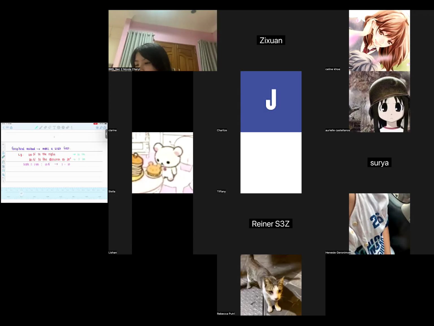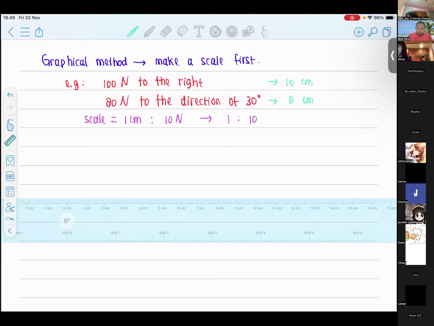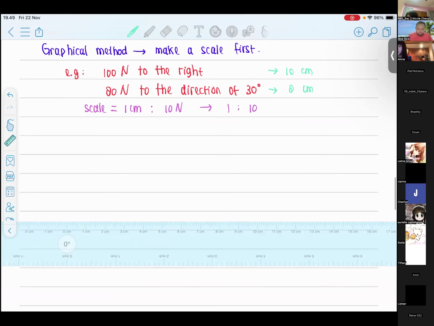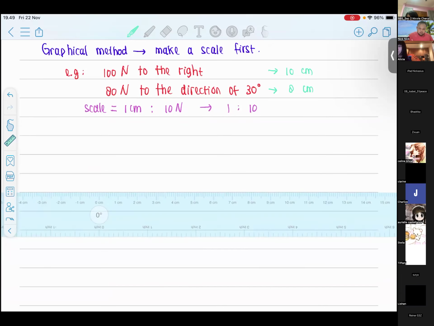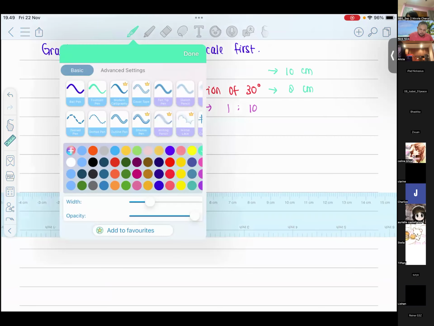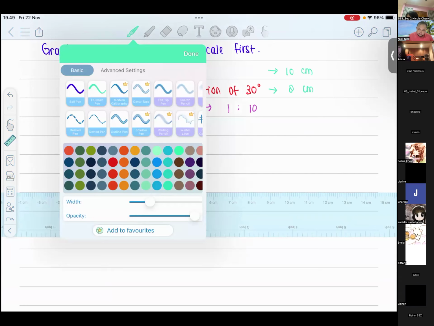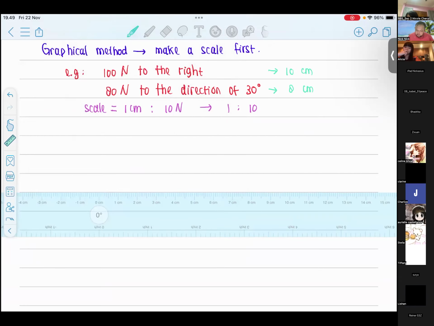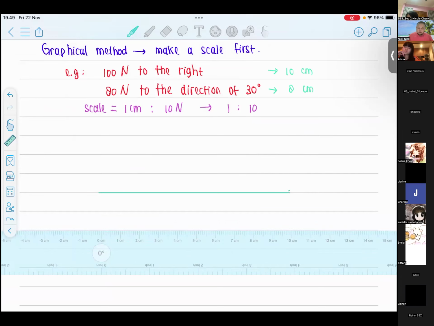You must use the ruler, students. 10 centimeters to the right. Don't forget to give what, students? Arrow.